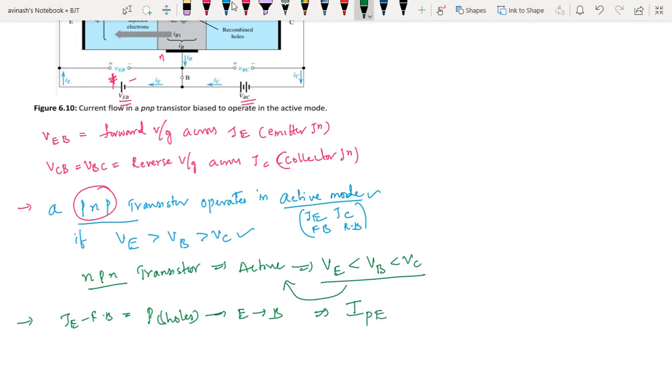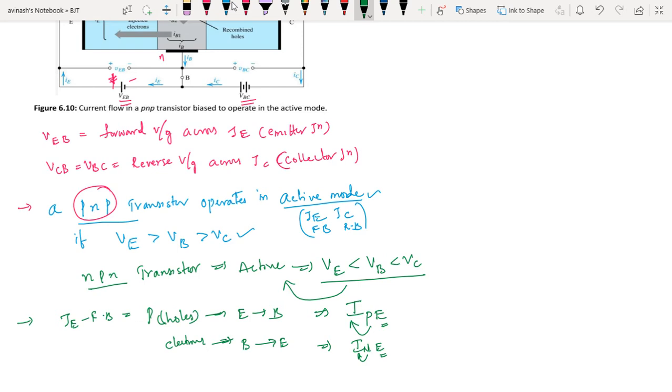What do you mean by IPE? Hole current through emitter junction. And electrons travel from base to emitter. So that resulting current is INE. IN is nothing but electron current through emitter junction.